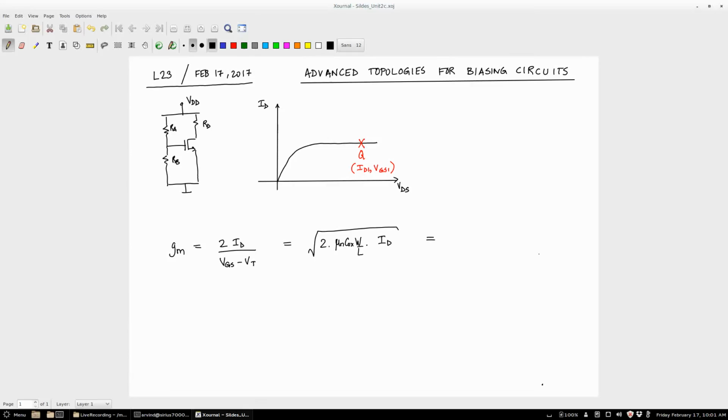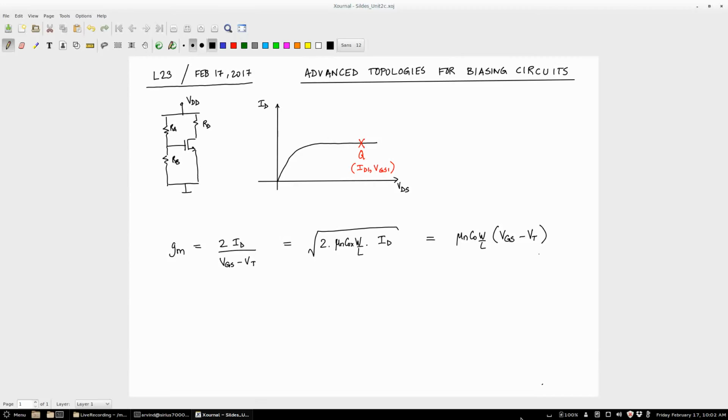Then what is the third expression? Was it K or 2K? It was just K, right?